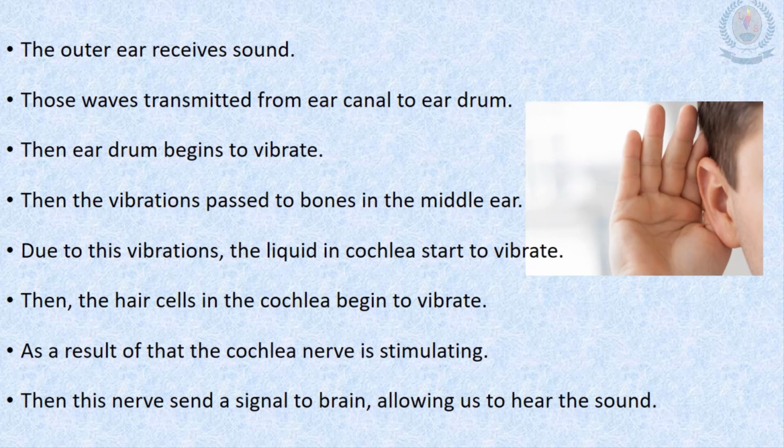When the liquid in the cochlea is vibrating, what happens? The hair cells in the cochlea also begin to vibrate. Because of that, the cochlear nerve is stimulated. Then finally, that nerve sends a message to our brain.